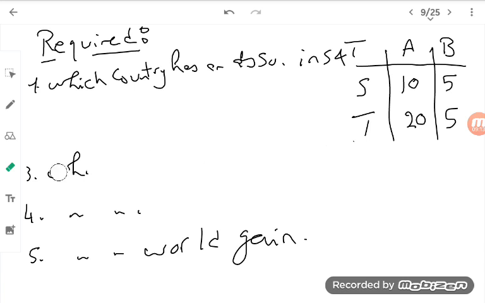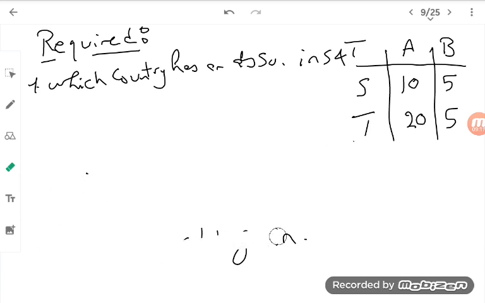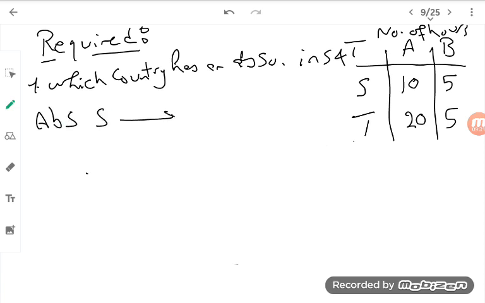So here we are going to compare the number of hours required to produce a single unit of soybeans in country A and in country B. With respect to soybeans, country B has an absolute advantage in its production.